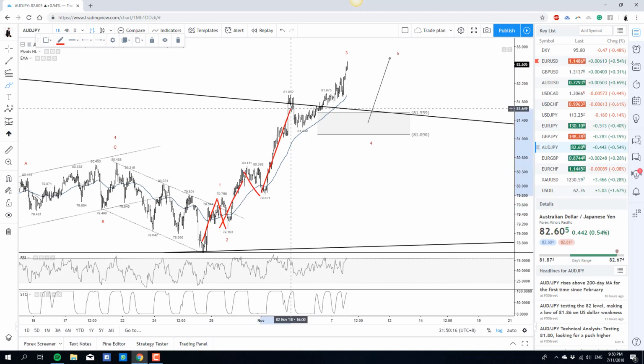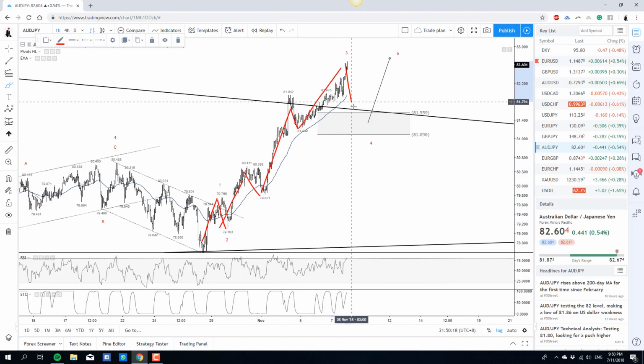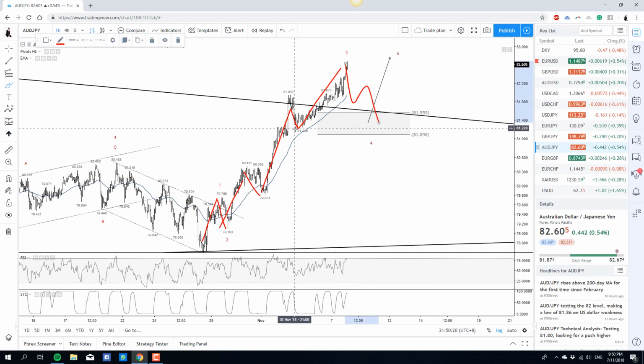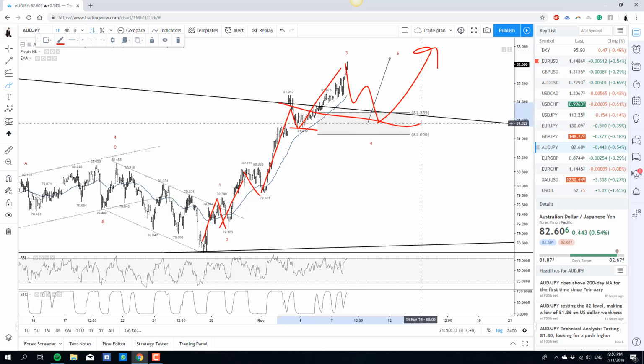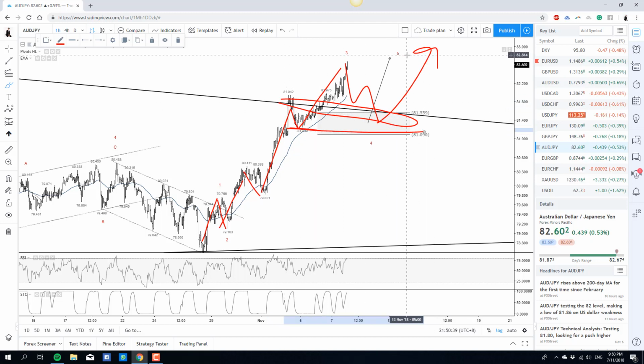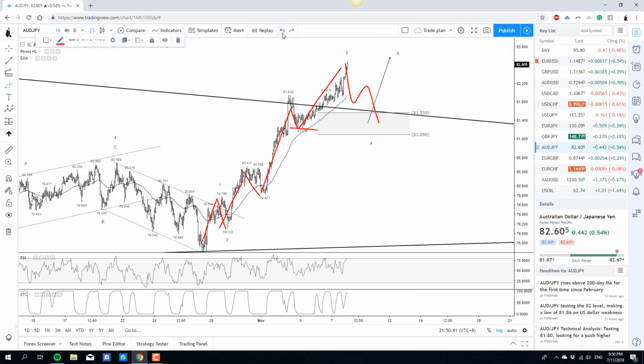You have 1, 2, 3, 4, 5, a potential 4th wave correction, confluence with a previous structure over here, and then give us one last move to the upside. So this 3-wave corrective move down, where we see some confluence of a trendline support and previous support, might give us a short-term buy for our last wave to the upside.